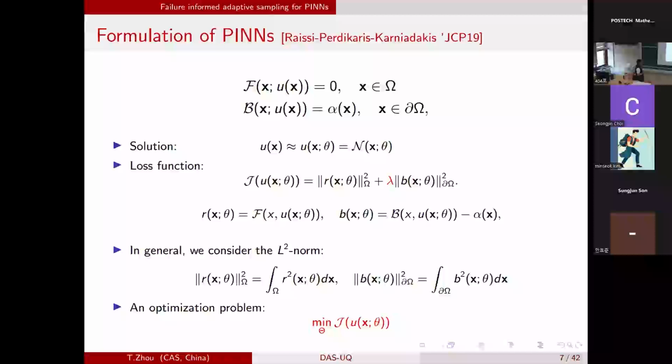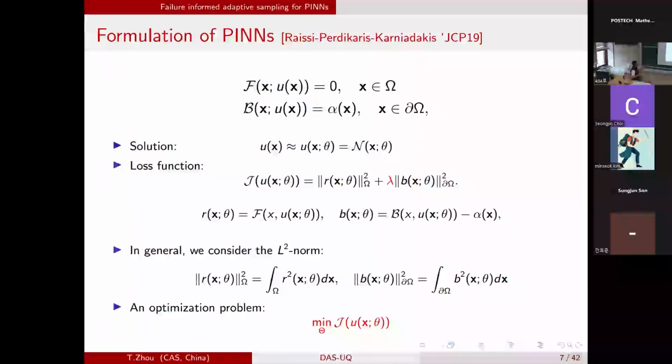To solve this problem, you have to discretize this kind of norm here, because this residual is defined like this. You put the neural network function here, and you obtain this L2 norm. Usually, you will consider the L2 norm of the residual and also the boundary term. When you solve this problem, you have to discretize this continuous norm. That's why you need to choose the training points.